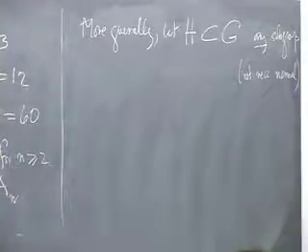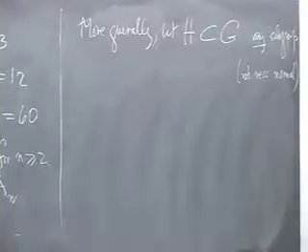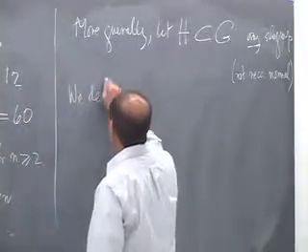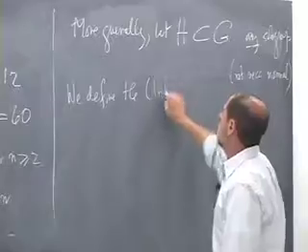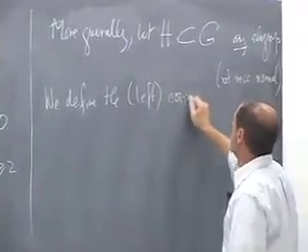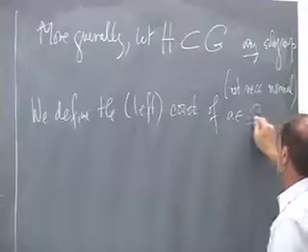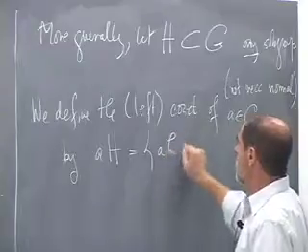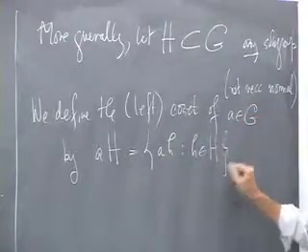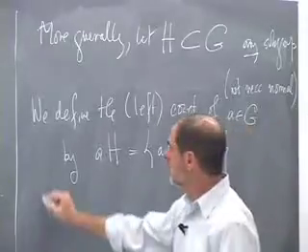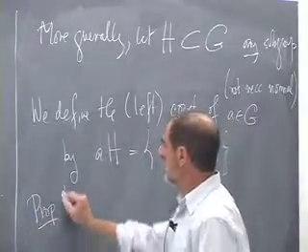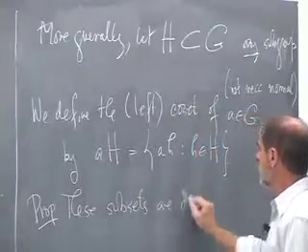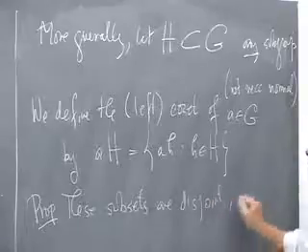Then I claim, we define the left coset of A in G by the same definition. AH is all things of the form A times H, for H in H. Then proposition, these subsets are disjoint and partition G.